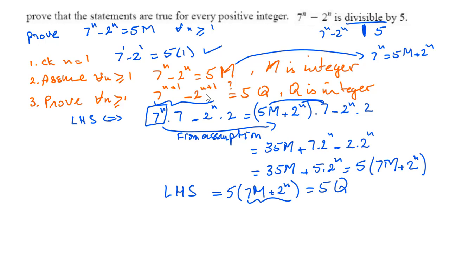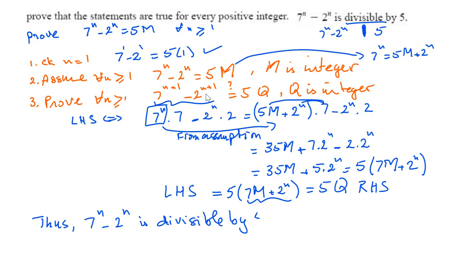And then we end up with the right hand side. And therefore 7 to the n minus 2 to the n is divisible by 5.